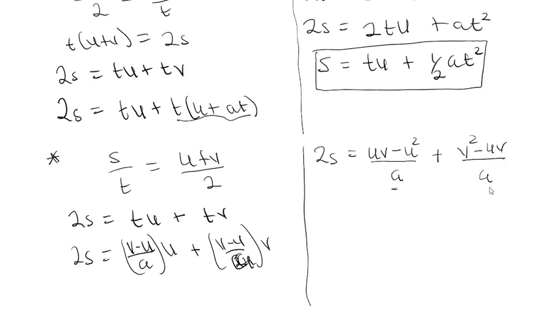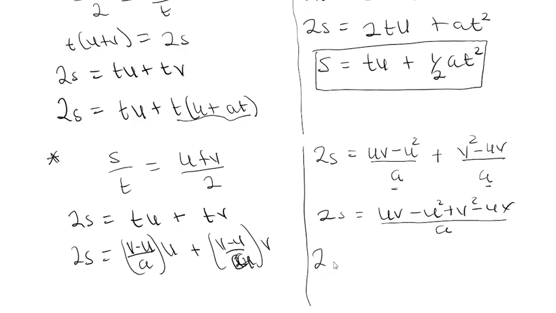We are having the same denominator, so we can simply write this as uv minus u squared plus v squared minus uv, all divided by a. To get rid of this, we can cross multiply.